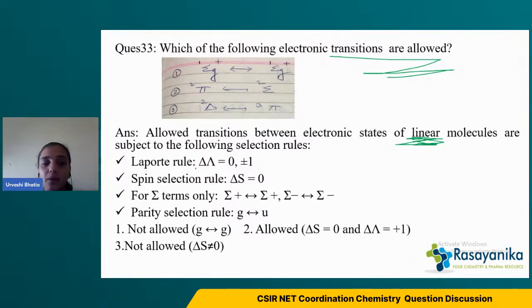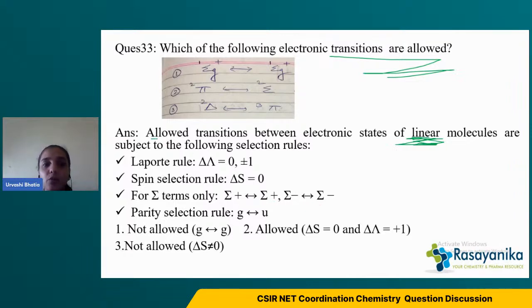So the change in the orbital angular momentum will be equal to 0 or plus minus 1. Spin selection rule, delta S is equal to 0 for sigma terms only. Sigma plus to sigma plus, sigma minus to sigma minus is allowed. And if it is plus to minus, it will not be allowed. Plus to plus is allowed, minus to minus is allowed.